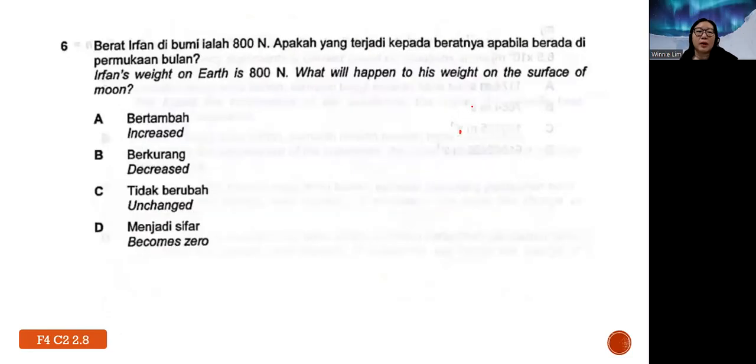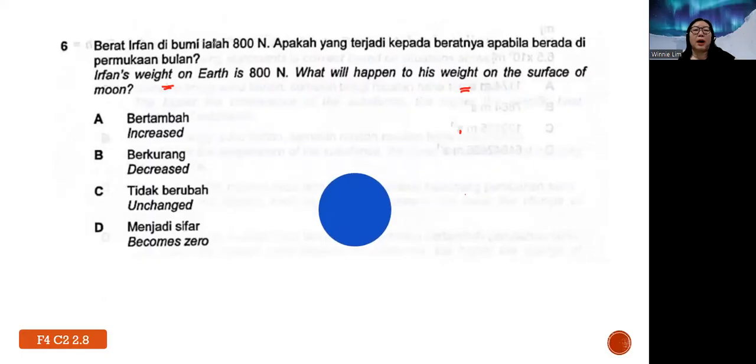Number 6, Irfan's weight on Earth is 800 Newton. What will happen to his weight on the surface of the Moon? Okay, so this idea is under free fall, still in Form 4, Chapter 2. Now weight changes due to what? The gravitational field strength. Imagine this is Earth.